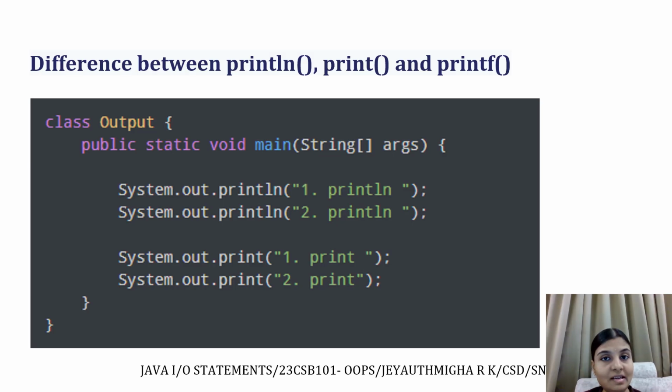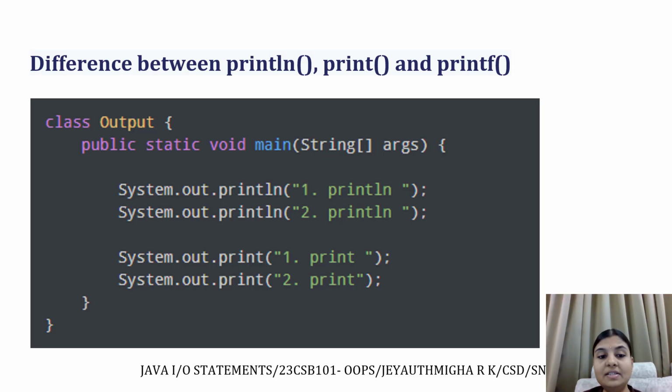We have a class, then the class name Output, and we have the main function, and with that we have four output statements to be printed. We have the first two using println, which will print something enclosed within the double quotes. So in the first statement, after the line gets executed, we have on the output screen "one println", and after executing that line, the cursor moves to the next line.